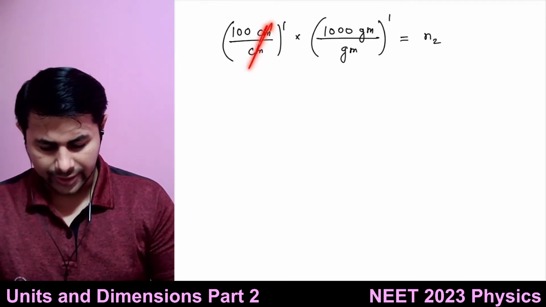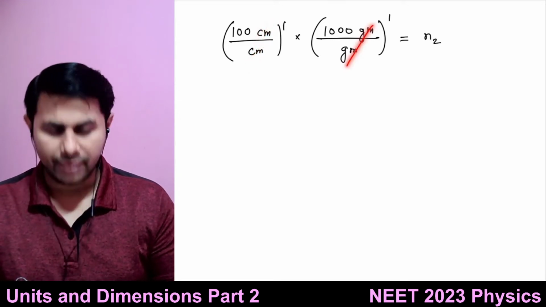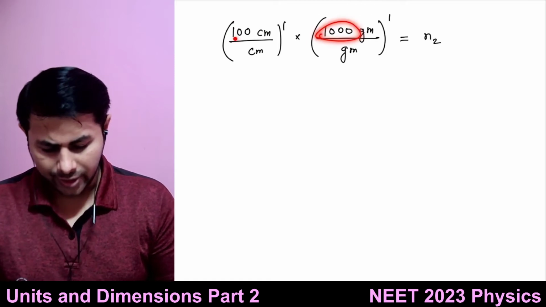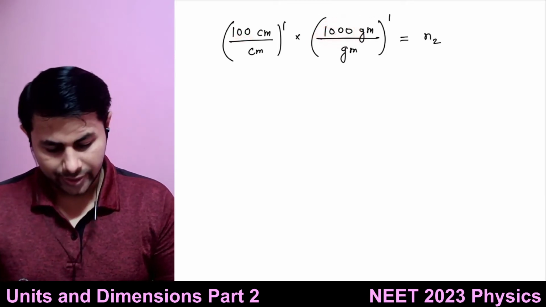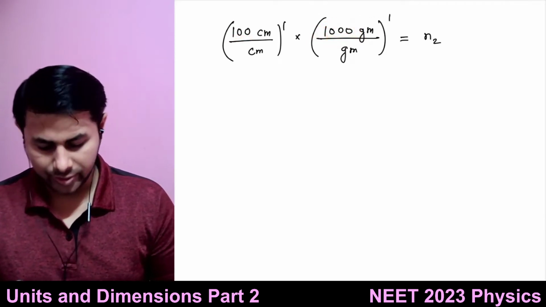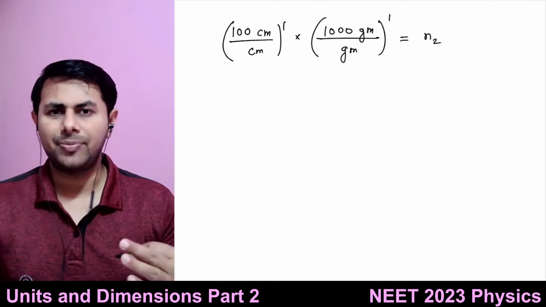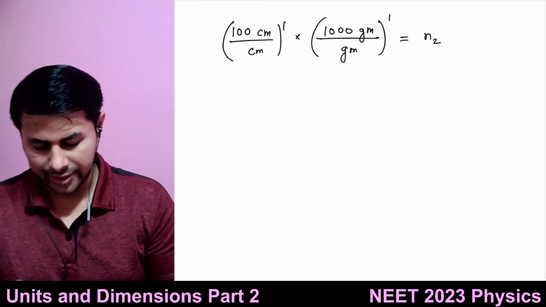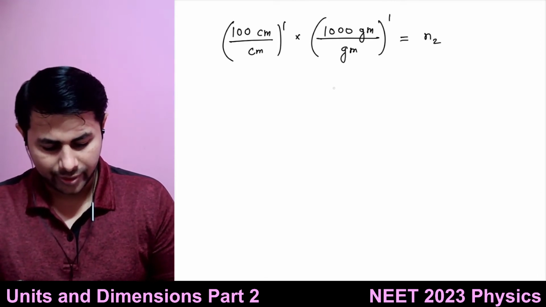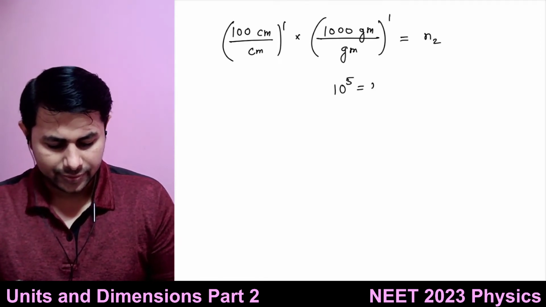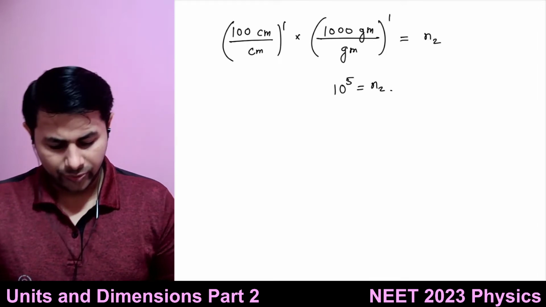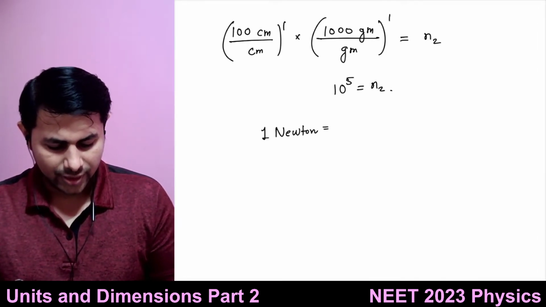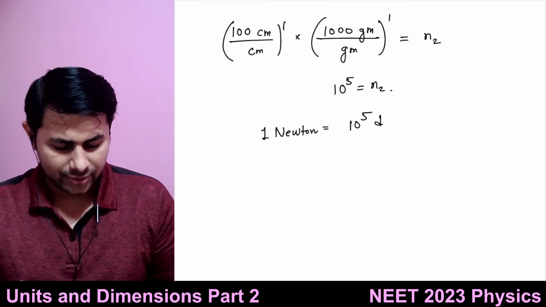Now we can cancel out centimeter with centimeter, gram with gram, so we are left with 100 multiplied by 1000. 100 is 10 raised to 2, 1000 is 10 raised to 3, so this is 10 raised to 2 plus 3, 10 raised to 5. Therefore we got the conversion factor. So 1 Newton equals 10 raised to 5 dyne.